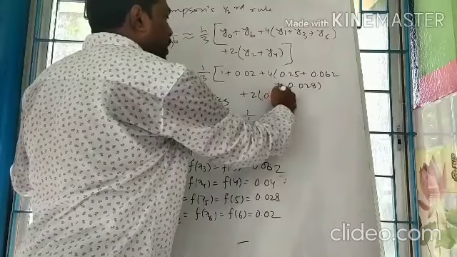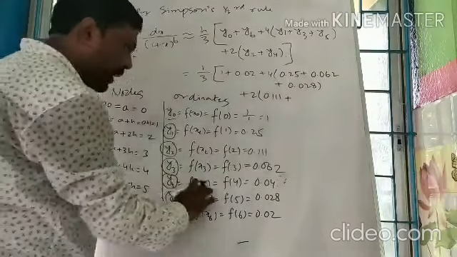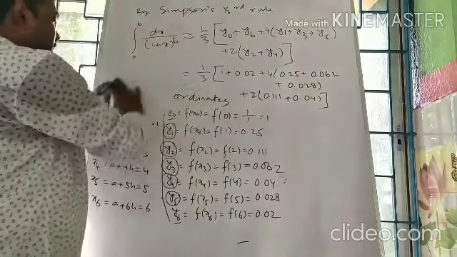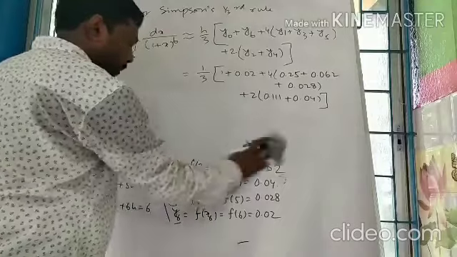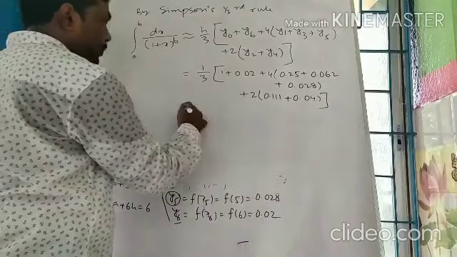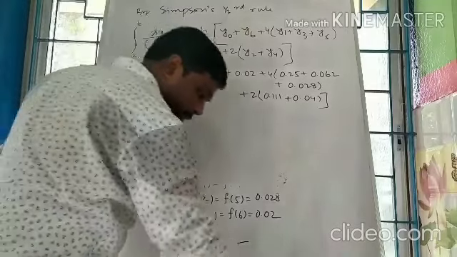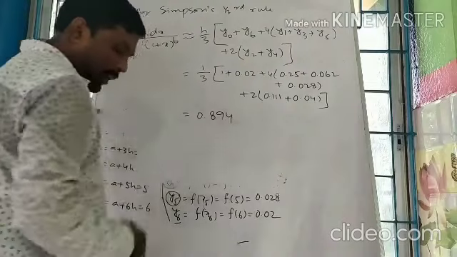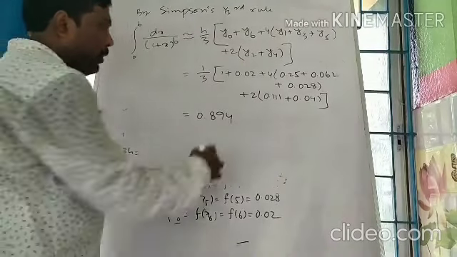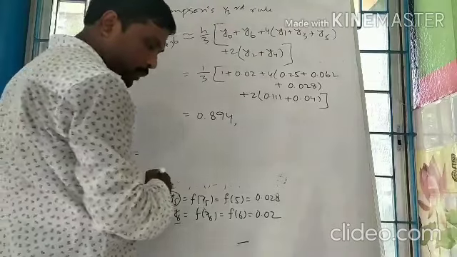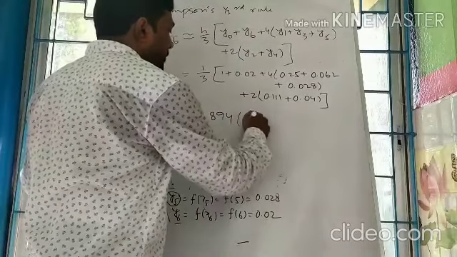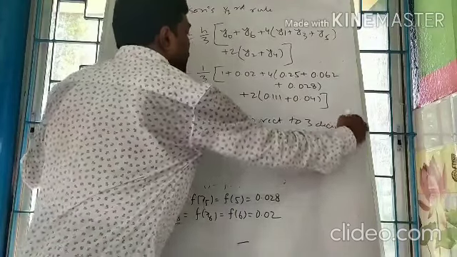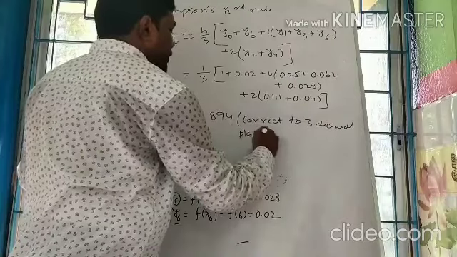This is 0.111 plus y4 is 0.04. Okay, just simplify. This is equal to 0.0894, correct to 3 decimal places.